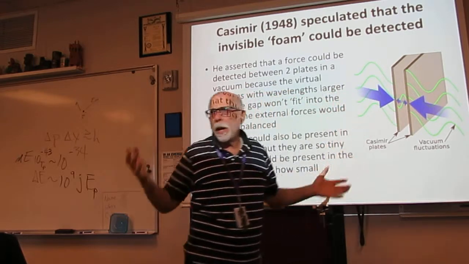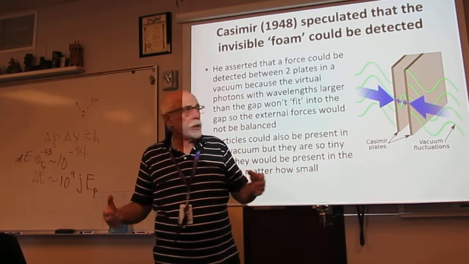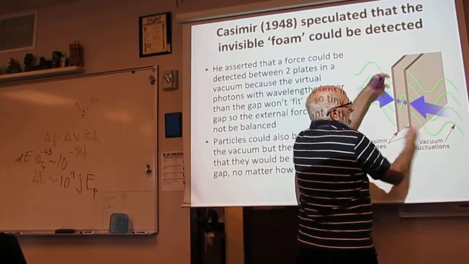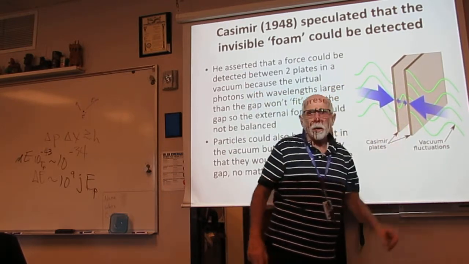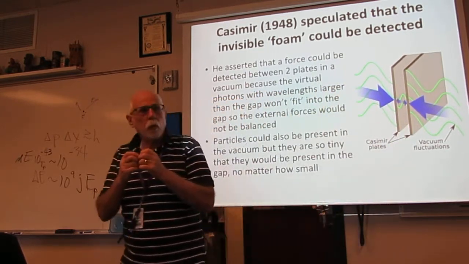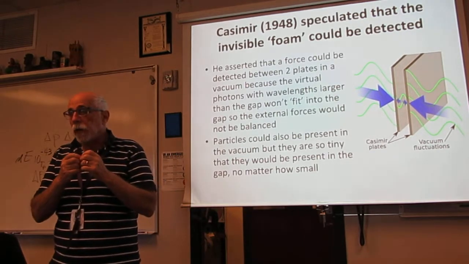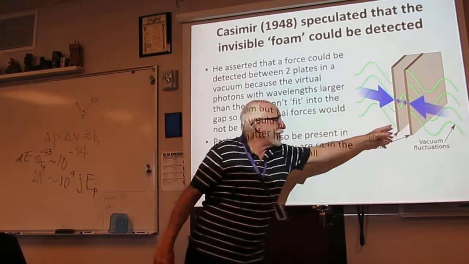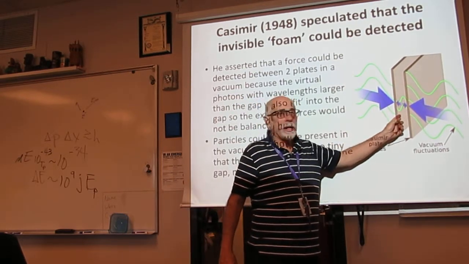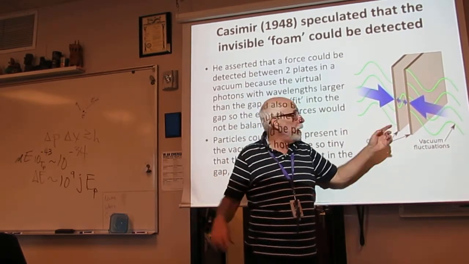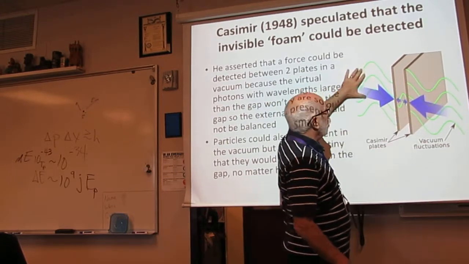He said the whole space is filled with virtual particles, and they're bombarding the plates every way they can, except between the plates, the particles or electromagnetic waves that are bigger than this space can't fit in there. So in here we have less energetic activity than we do out here or over here.